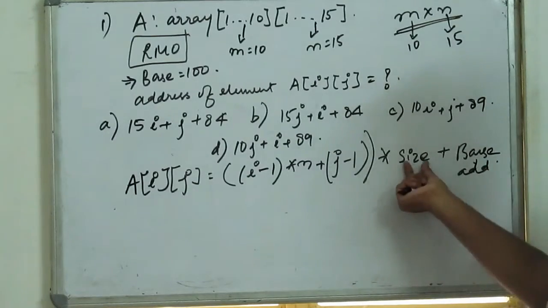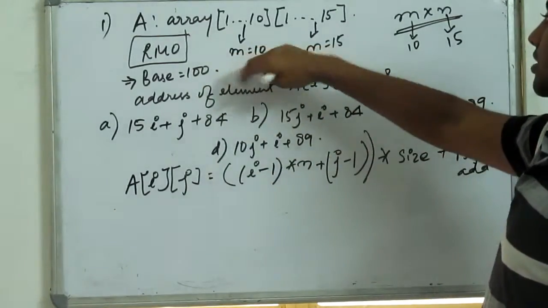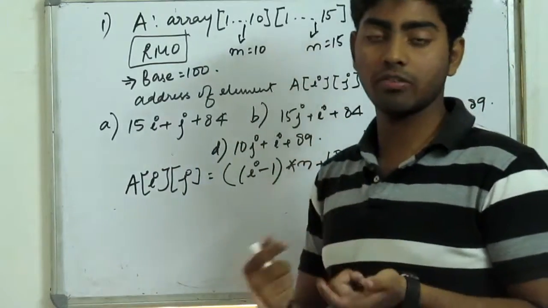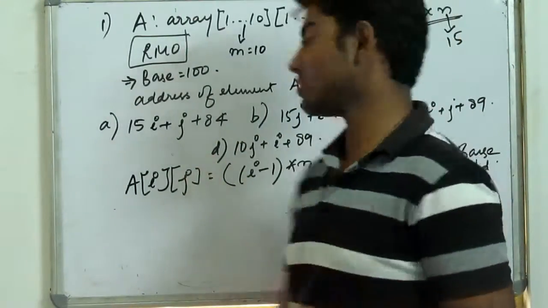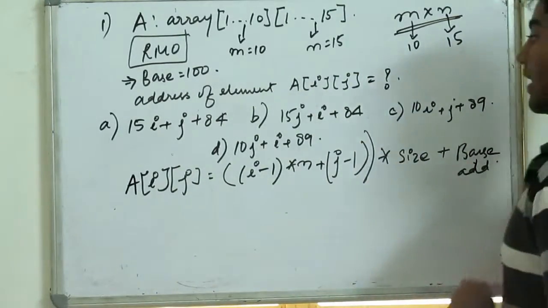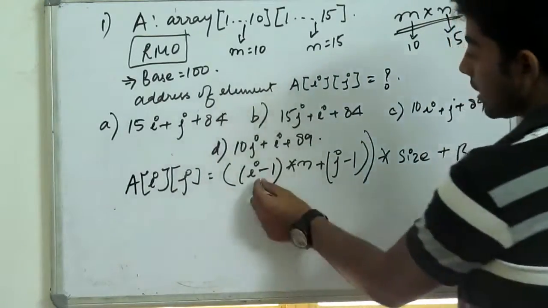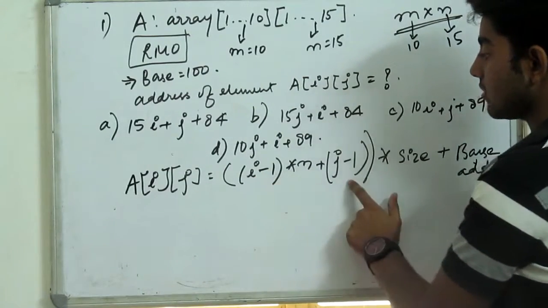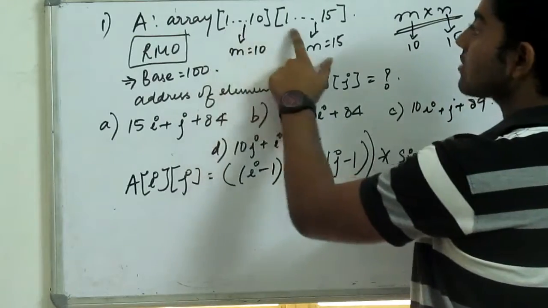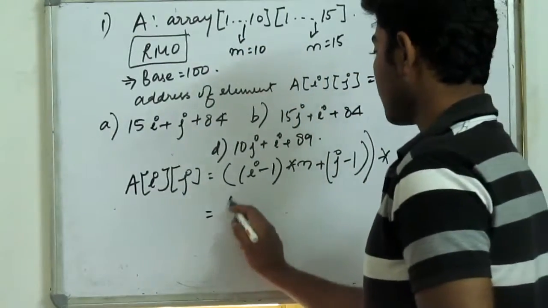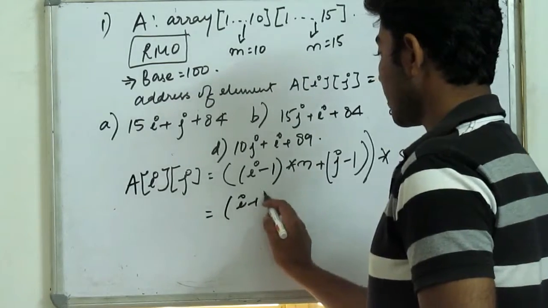Now, as nothing is mentioned about whether each element takes 1 word or 1 byte, you just take the size as 1. Here I am writing i minus 1 and j minus 1, because the starting index is 1, not 0.